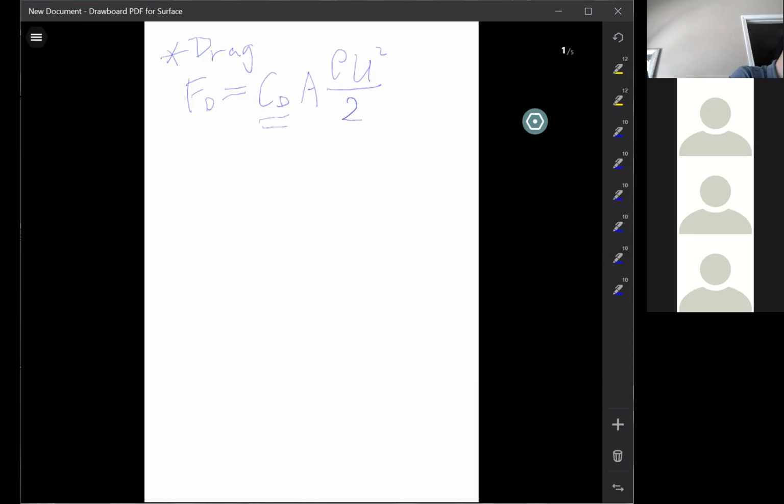Let me see what it says about the GC. I'll find out later, but you don't need the GC. This is the correct equation, half rho u squared. That's all you need to use to calculate the drag force.